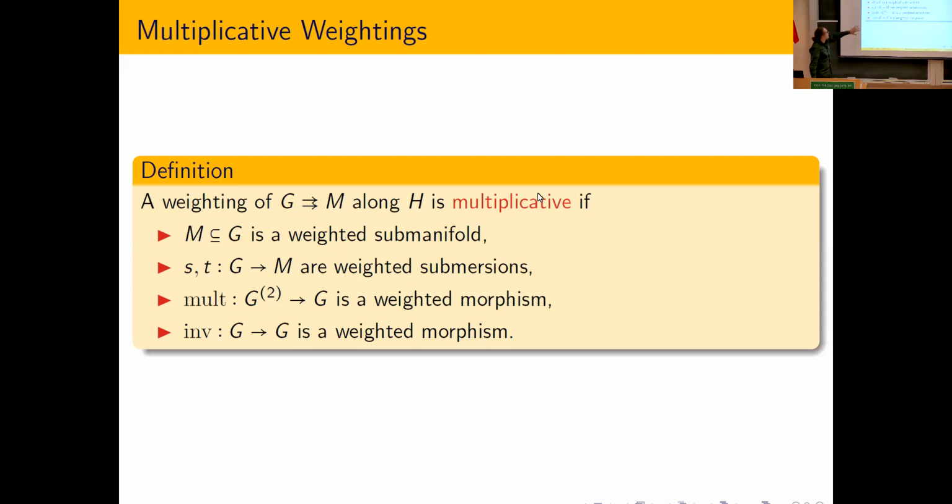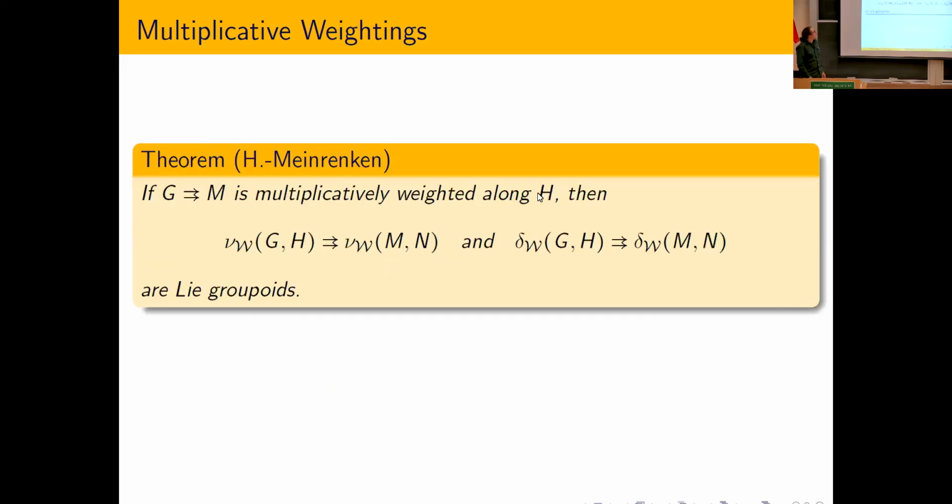I should also mention that here, all I've asked for is that H just be some submanifold of G. Well, I've used some suggestive letters, but it turns out that if the weighting is multiplicative, then automatically this thing is a Lie subgroupoid. So you can't just have multiplicative weightings along any old submanifold you want, which kind of makes sense. Once you assume that this is the case, you get the groupoids you want.